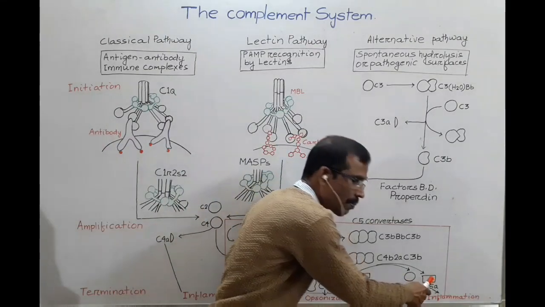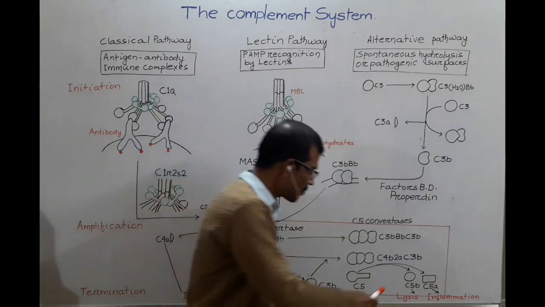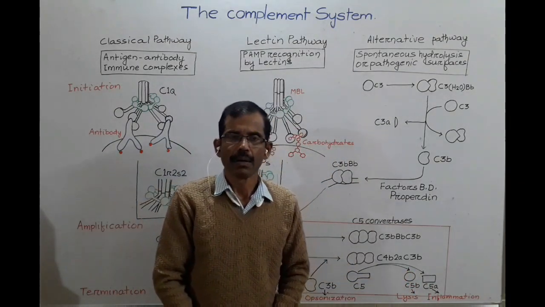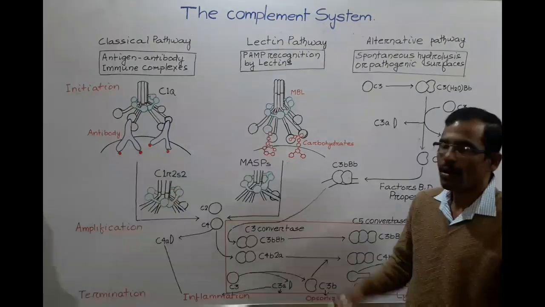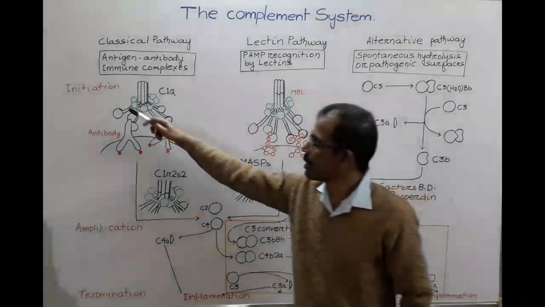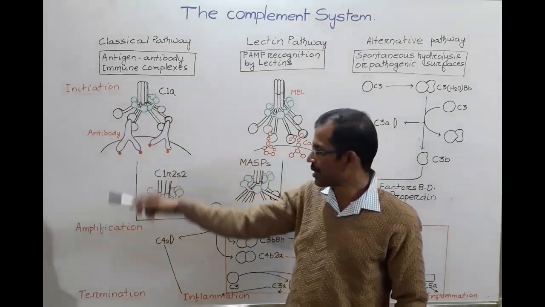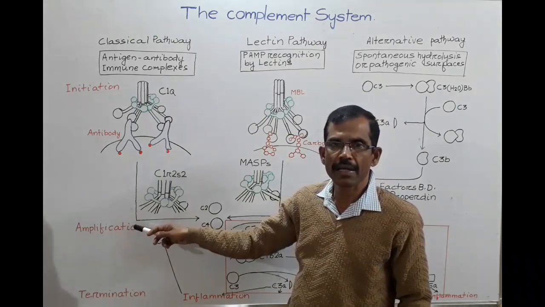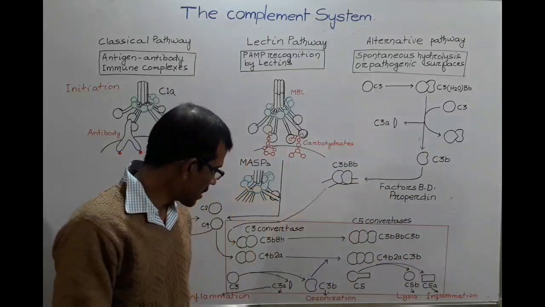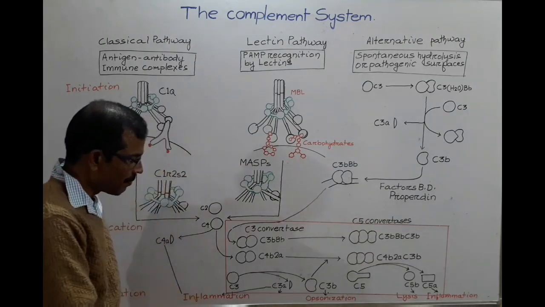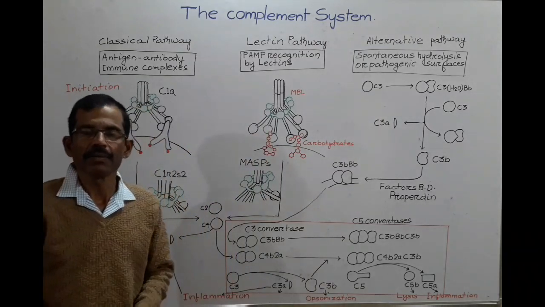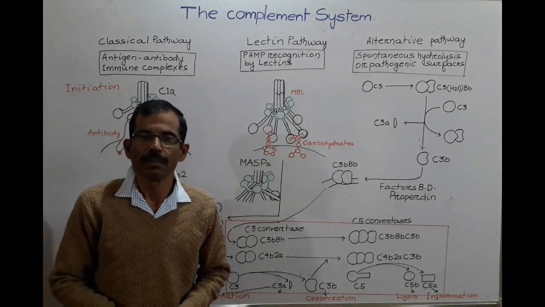C5a is an inflammatory mediator, whereas C5b is the initiating factor of the membrane attack complex. All these pathways are divided into three phases. First phase is initiation, second phase is amplification, and the last phase is termination, in which various activities like inflammation, opsonization and lysis are carried out by effector components of the complement system.